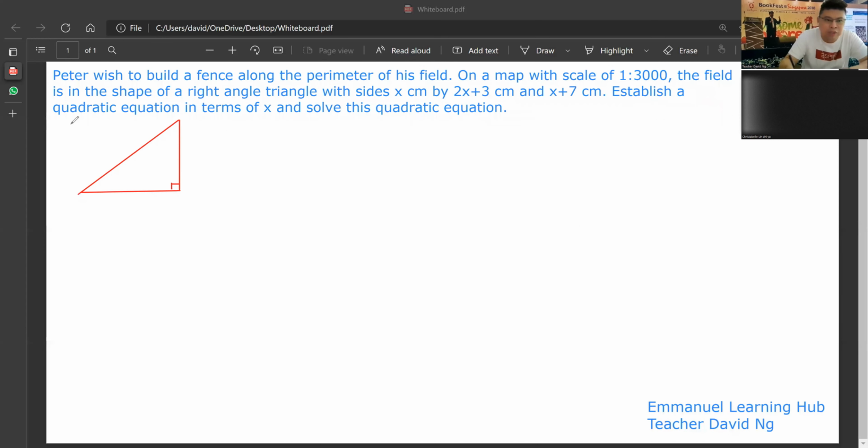So this is the plan of his field, scale of 1 to 3,000. The field is in the shape of a right angle triangle with sides x cm, x plus 7, followed by 2x plus 3.